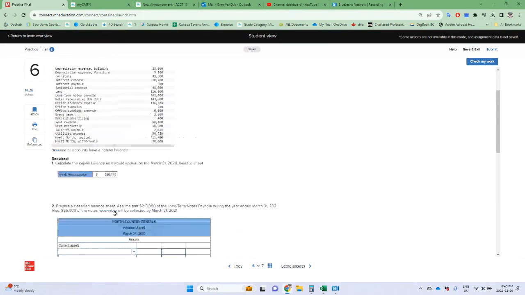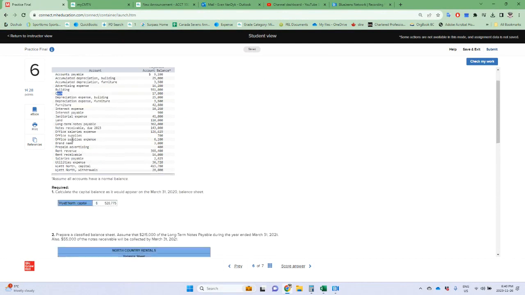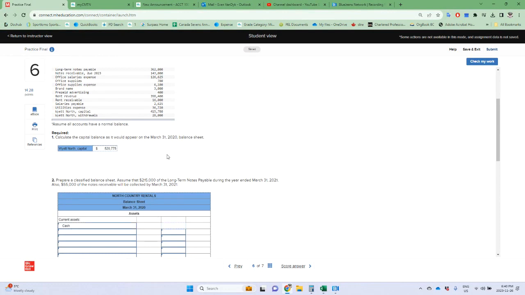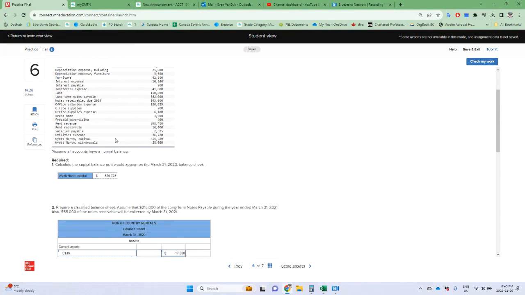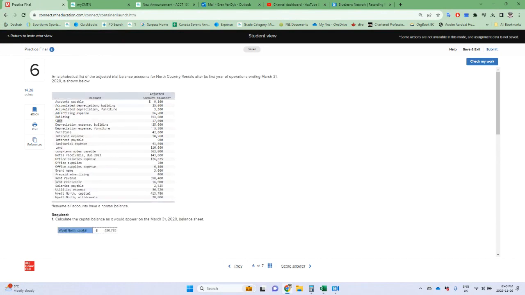So we start with our current assets, and I'm just going to look through here and look for my assets in order. So we've got our cash at 17,000. Got our office supplies of 700.